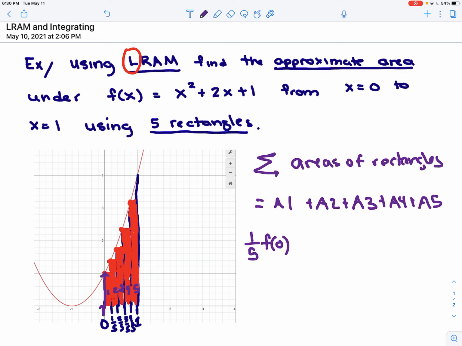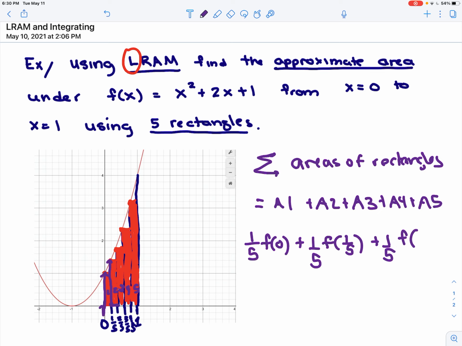So this is really f of 0. f of 0 will give me the y value, which is the height, plus 1/5, and then this left of the second interval, go up till I hit the graph, it's the same as putting 1/5 into the function and getting the height or the y value.